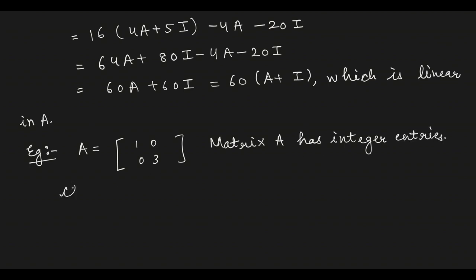So what will be the characteristic polynomial? It is x square minus 4x plus 3.